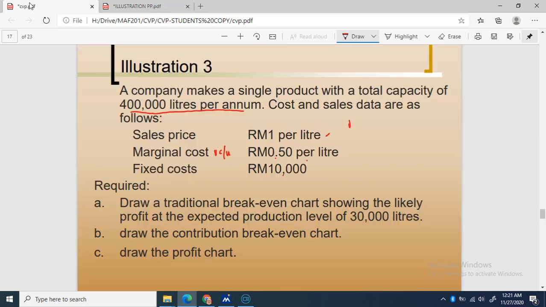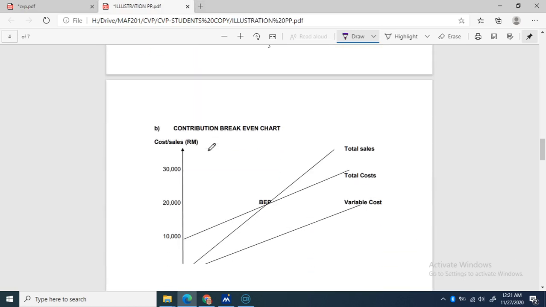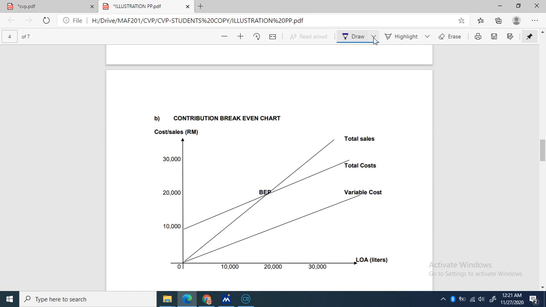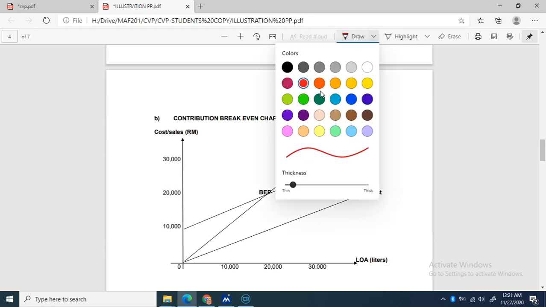Okay, the second chart is the contribution break-even chart. So what is the contribution break-even chart? It is the same thing.